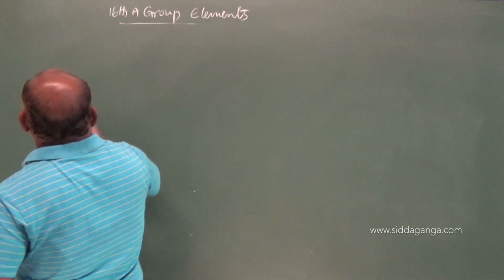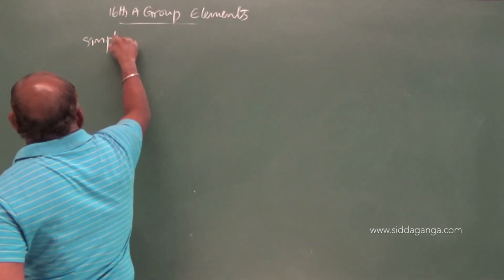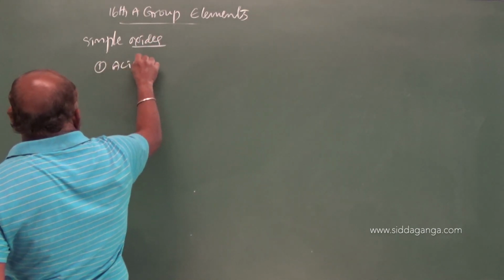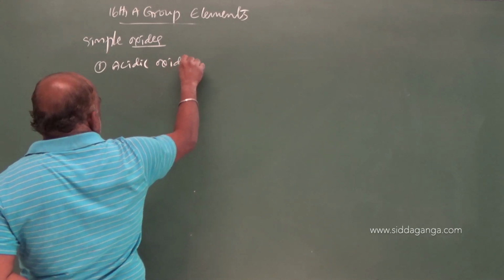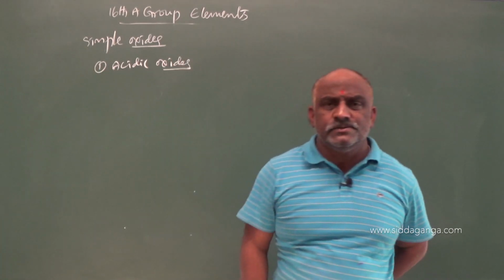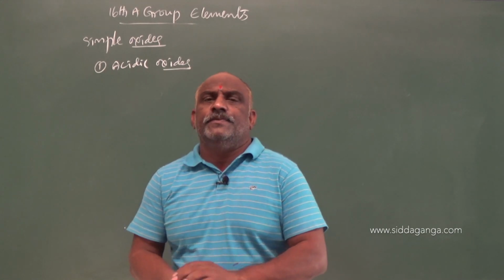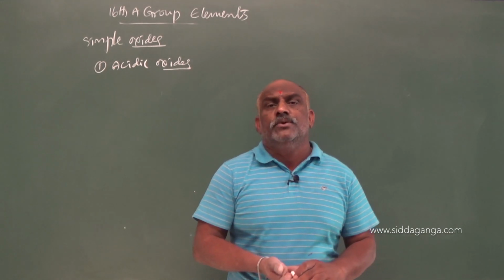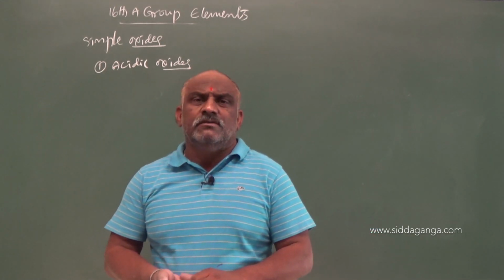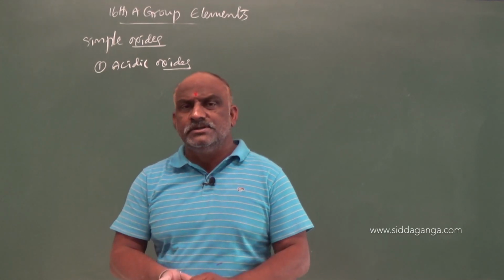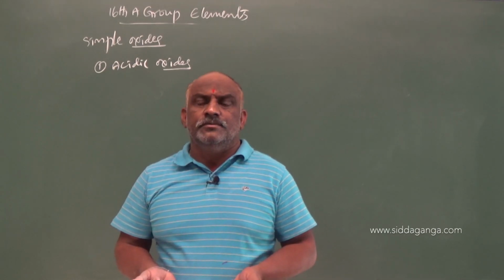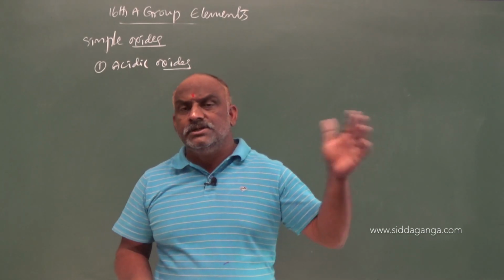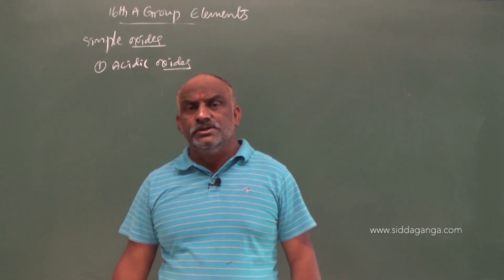Simple oxides, number one is acidic oxides. Acidic oxides means a substance which can dissolve in water and produce acid. Where do we collect this substance? Remember, in the periodic table the left side is metals, the right side is non-metals.